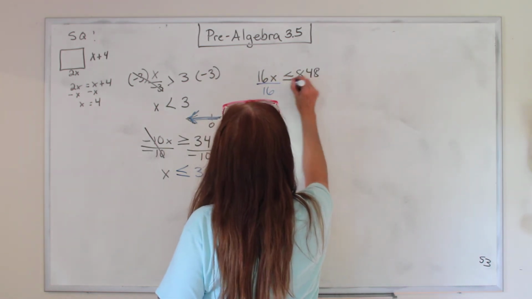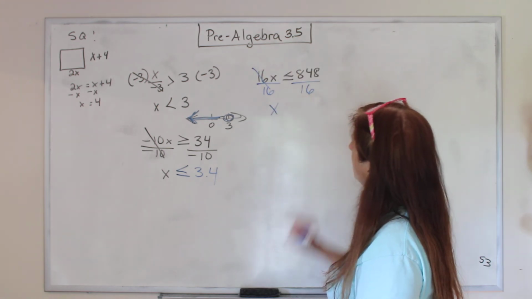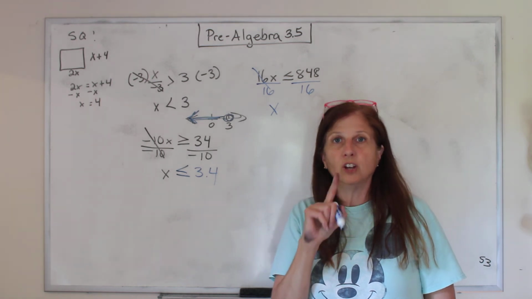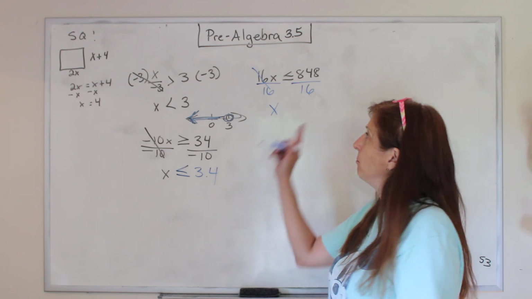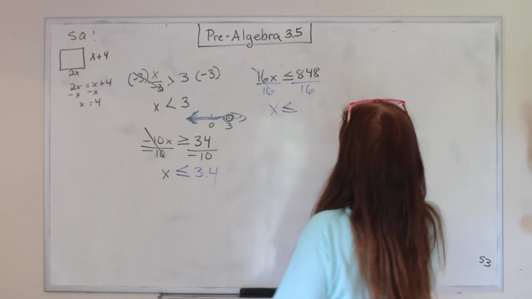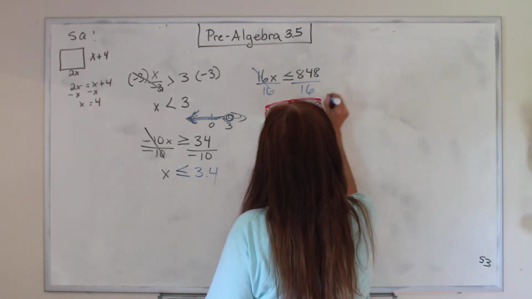What I do to one side, I do to the other. I cancel these out and bring down what I didn't mess with. Do I flip it? No, because I divided both sides, but not by a negative number. It's a positive number. So I write it the way it is, and 848 divided by 16 is 53.